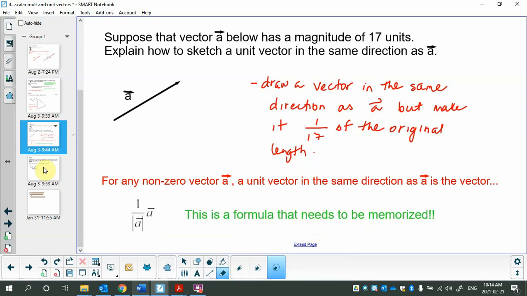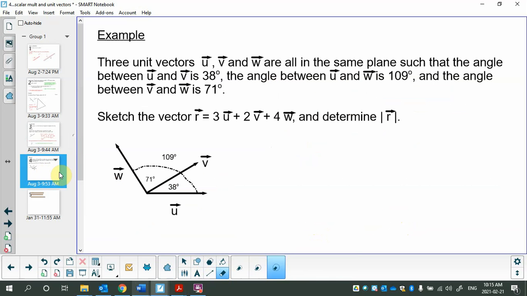All right, next up, watch the language on this one. We have 3 unit vectors. There's a unit vector u, a unit vector v, a unit vector w, and they are all on the same plane, meaning they're lying on a piece of paper and nothing's coming jabbing out at you. And the angle between u and v, as shown here, is 38 degrees.